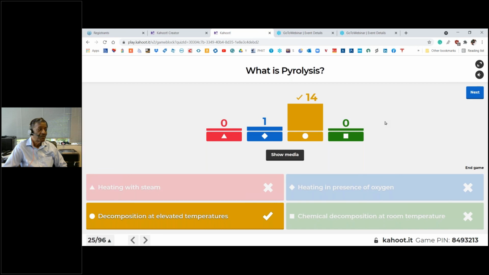Pyrolysis is decomposition at high temperature. Pyro is a Greek word. Pyro means fire, and lysis means breaking or losing. So pyrolysis is breaking of molecules with heat. It is defined as thermal decomposition of organic materials at elevated temperatures in the absence of oxygen. It is also called thermal cracking. It's mostly done in the presence of steam.